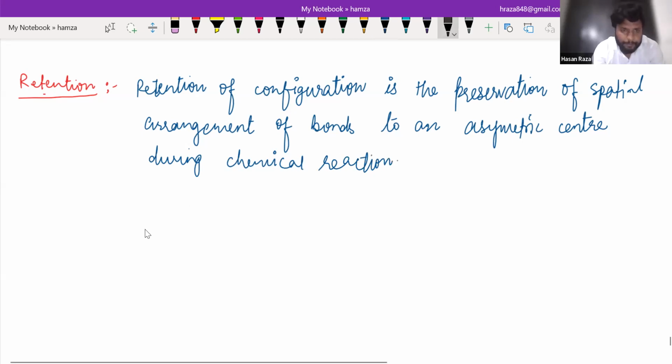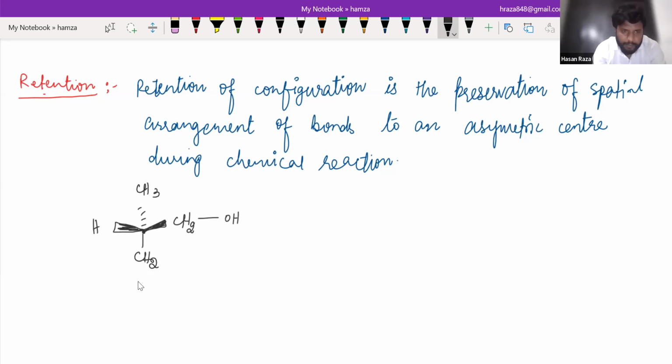We have a reaction like this. We have a reactant with solid wedge and dash wedge bonds. This is CH2, and with this CH2 there is OH, and this is carbon, and this is hydrogen, and this is hydrogen, and this is CH3, and then we have CH2, CH3.